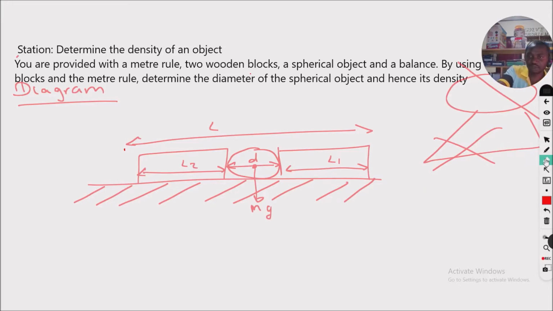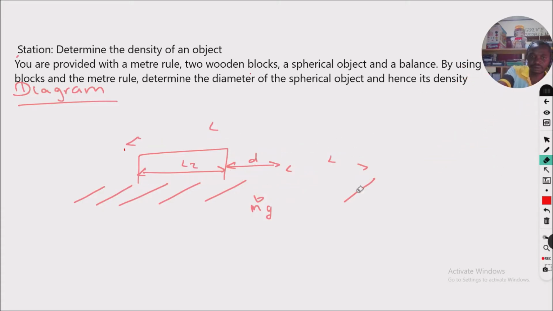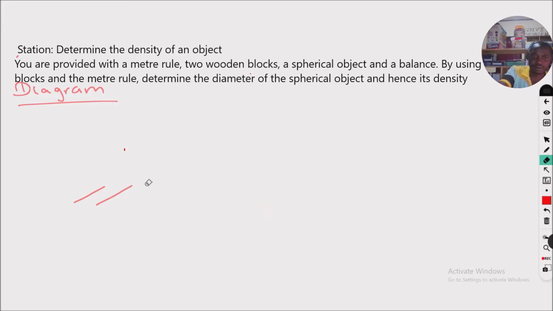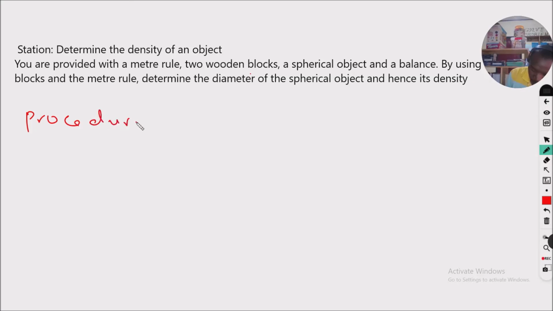So let's go to the procedure. In the procedure, you don't need to give instructions.